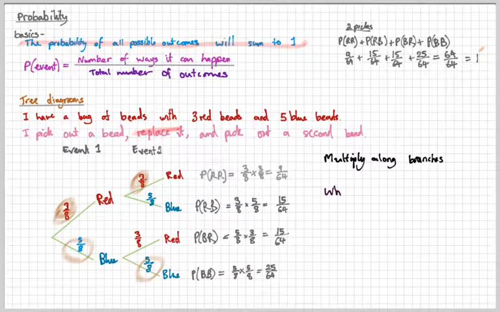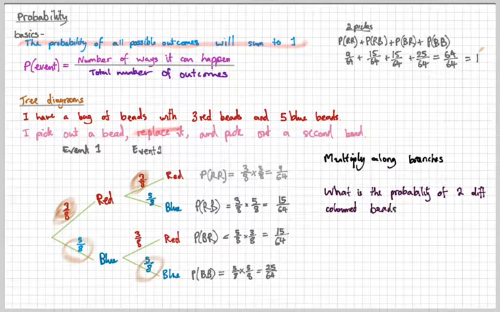We might answer a quick question now. Using our tree diagram, we could answer the question: what is the probability of getting 2 different coloured beads with 2 picks? Well, the outcomes we're looking at are the probability we got a red and then a blue, or the probability we got blue and then a red.